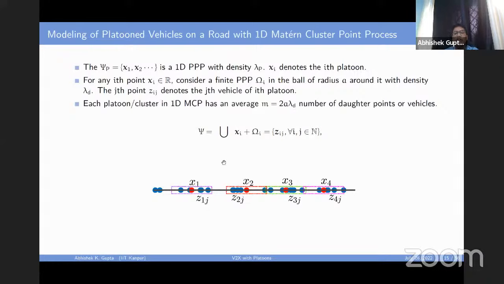And if I take the union of all those platoons, what I get is the complete process denoting the vehicles on the road. Okay. Please feel free to ask any questions if you have any in between also.